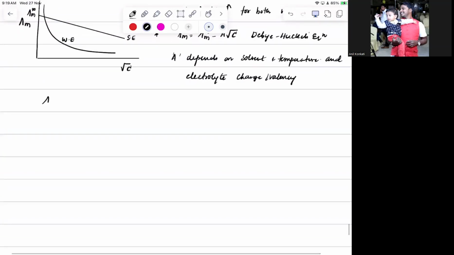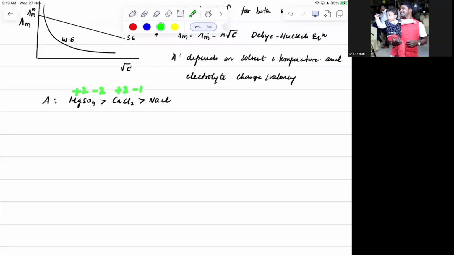That means if you notice the A value for MgSO4, it will be greater than CaCl2, which will be greater than NaCl. So you could observe first is the charge dominant: +2, -2; +2, -1; +1, -1. So lesser the charge on it, lesser will be the dominance.